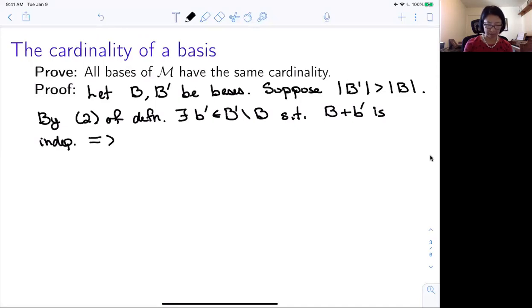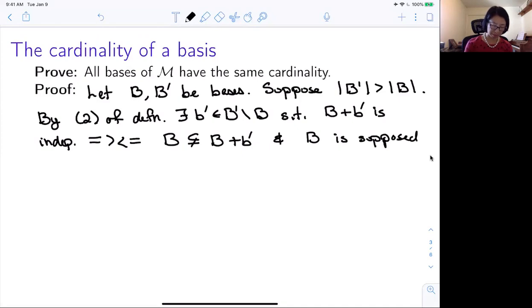But of course, this is a contradiction because B is strictly contained in B plus b prime, and capital B is supposed to be a maximal independent set. Okay, so it can't be then that one basis has a larger cardinality than the other. All right, great. All bases have the same cardinality.